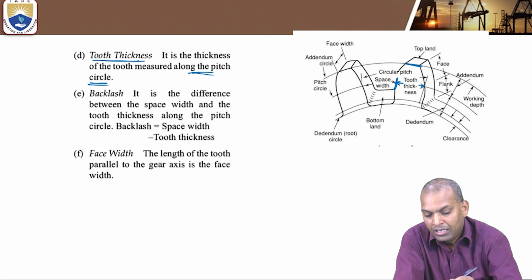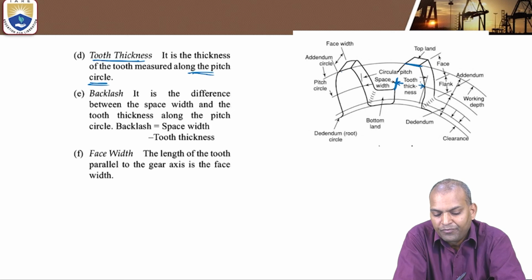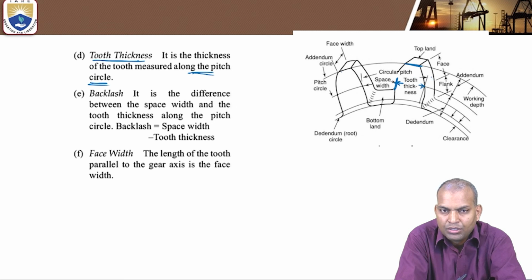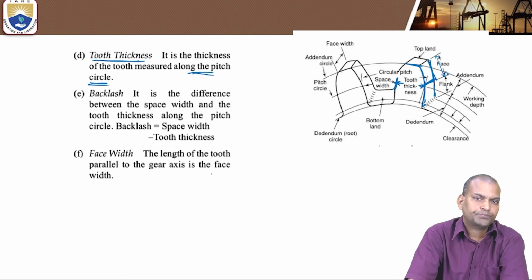Another term: the face is the portion from the pitch circle up to the addendum. Below the pitch circle is the other portion of the tooth. The portion above is the face, and the portion below, up to the root, is known as the flank.